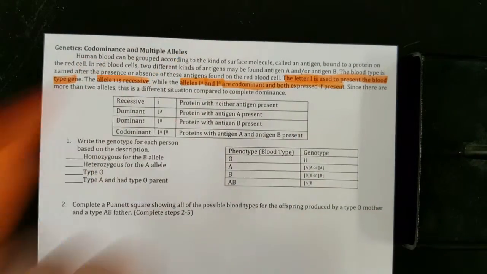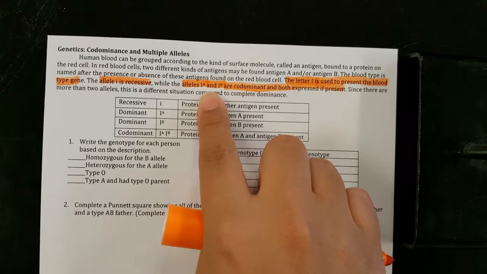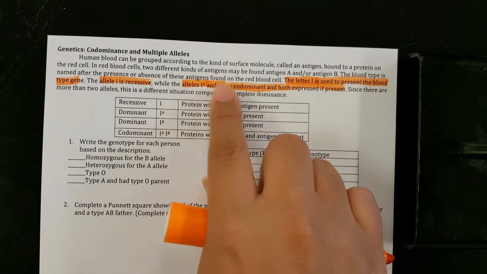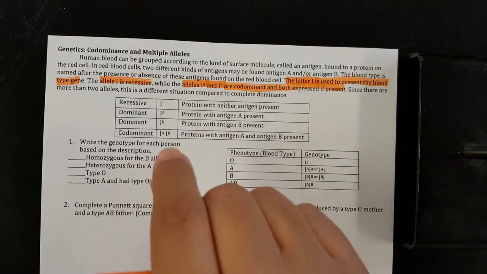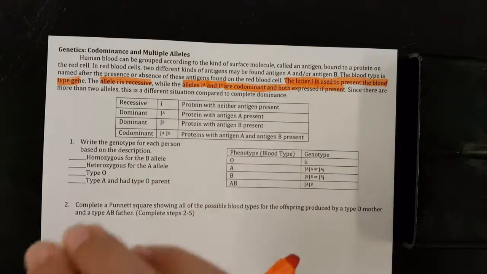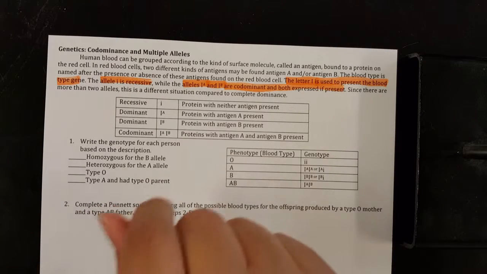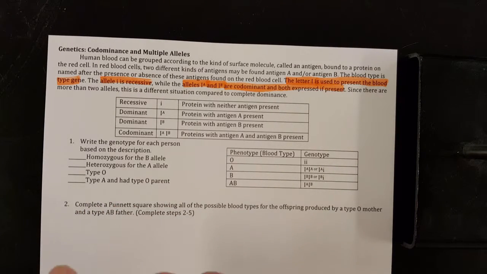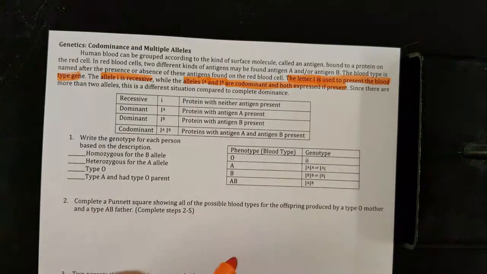So coming back to what codominant means, this means that we have more than one dominant allele. We have two, in fact. And if both are present in somebody's phenotype, their physical appearance, then they're going to show both of them equally. Unlike incomplete dominance, where neither one is dominant so you get something in the middle, this one is showing you that both of them are dominant, both of them are going to be shown in the phenotype.